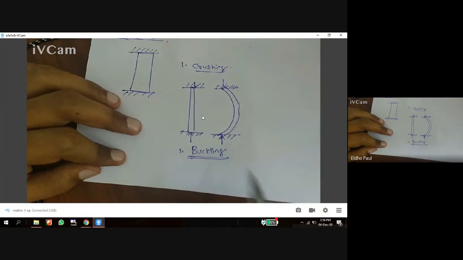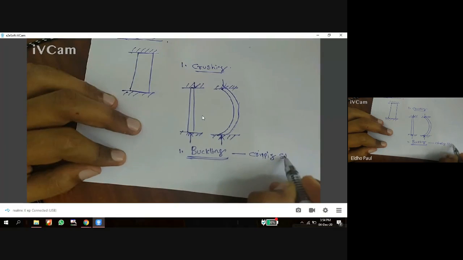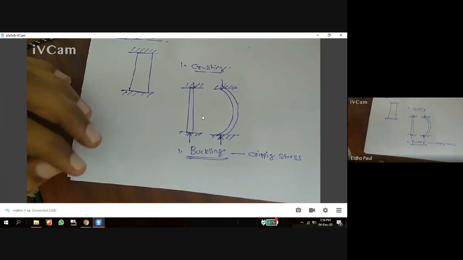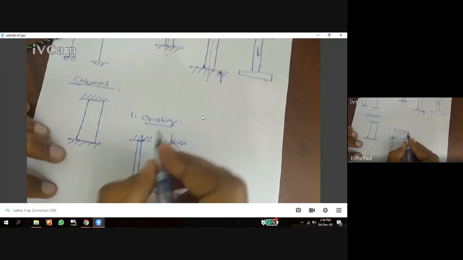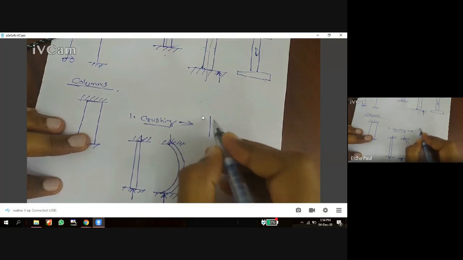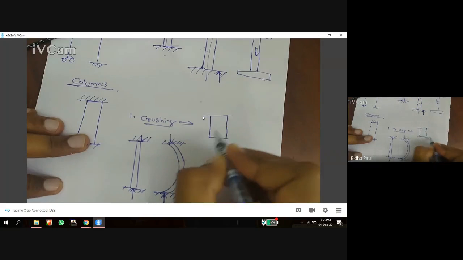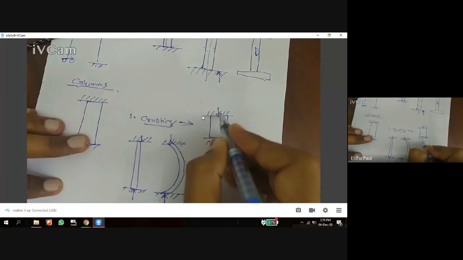This buckling failure is because of the crippling stress. I will explain what crippling stress is later. The second failure is because of crushing, and crushing failure is for a short column, a very low length column.